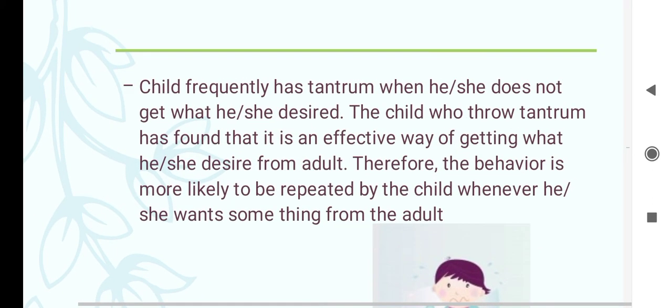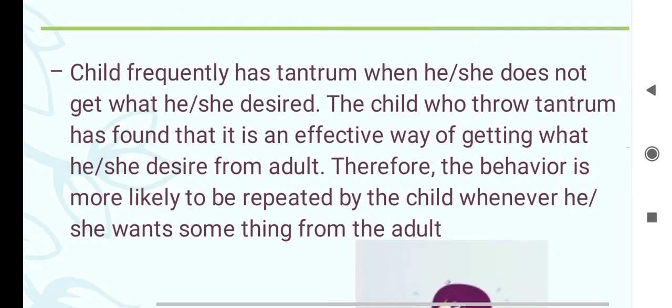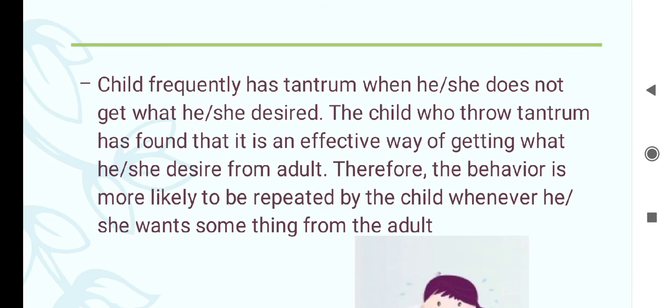All right, temper tantrums normally happen whenever the child is genetically unable to control his or her behavior due to cognitive problems.